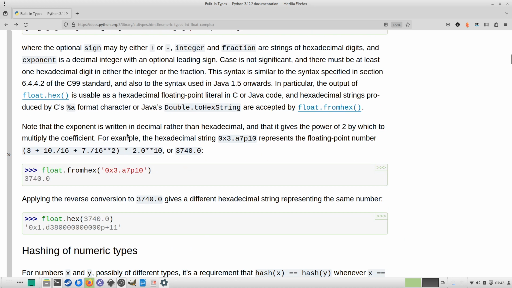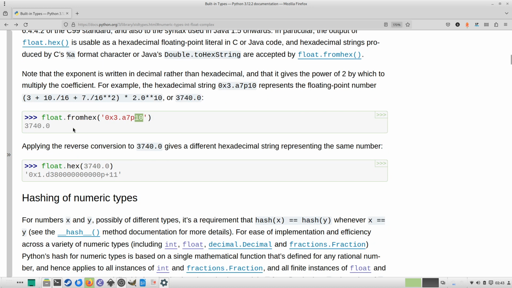Note that the exponent is written in decimal rather than hexadecimal, and that it gives the power of 2 by which to multiply the coefficient. So for example, if this is the float, then this 10 is not hexadecimal. It is basically a decimal value. So 3.A7 will convert to 374, and then that would be multiplied with 10.